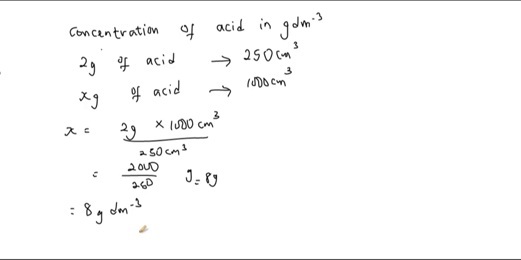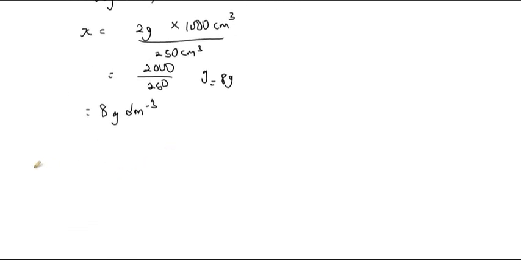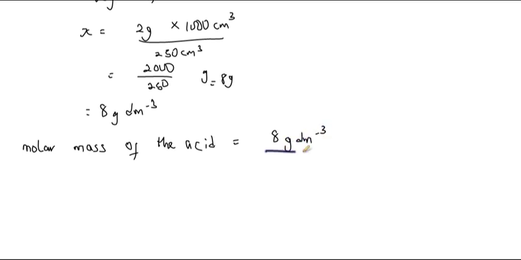So we can proceed, and we can say the molar mass of the acid from the formula. We have mass concentration, that is concentration in grams per dm³. The concentration in grams per dm³ of the acid here is 8. So we have 8 grams per dm³ to be divided by the molar concentration. The molar concentration we've gotten is 0.08 molar.